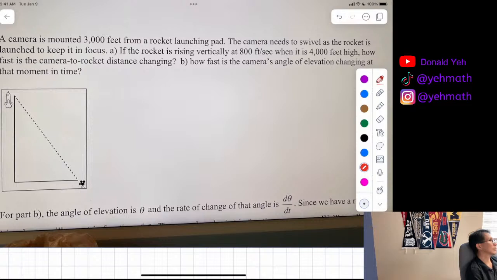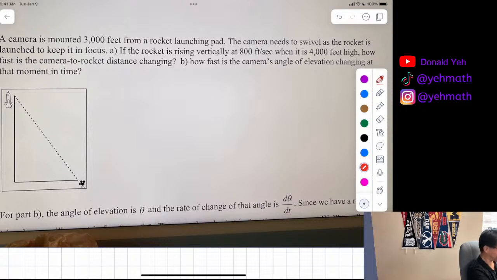Well, you want to find the angle changing.